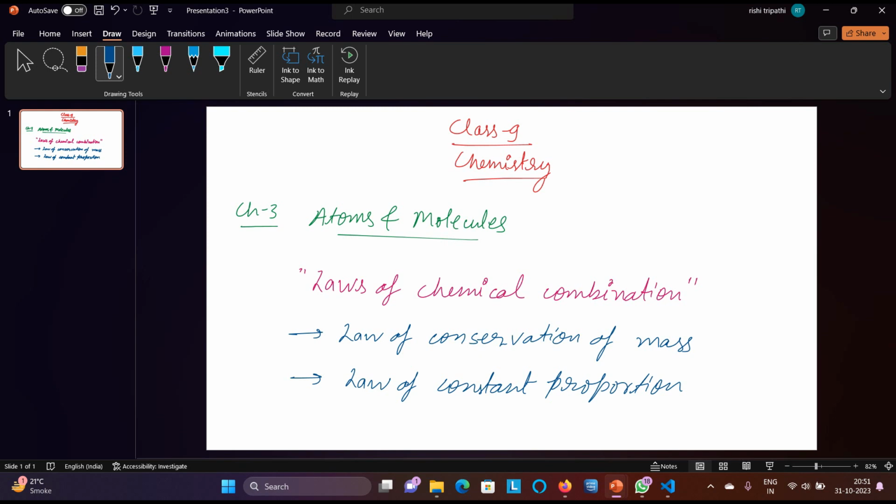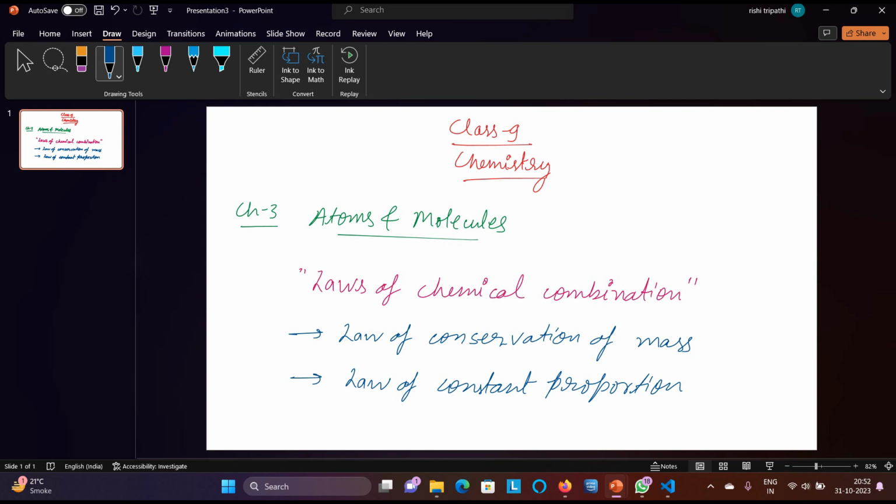Meaning, if we consider the water compound, no matter from which place we take this water, whether from Australia, India or America, the water of every place will have the same elements, hydrogen and oxygen, combined in a fixed ratio by mass.